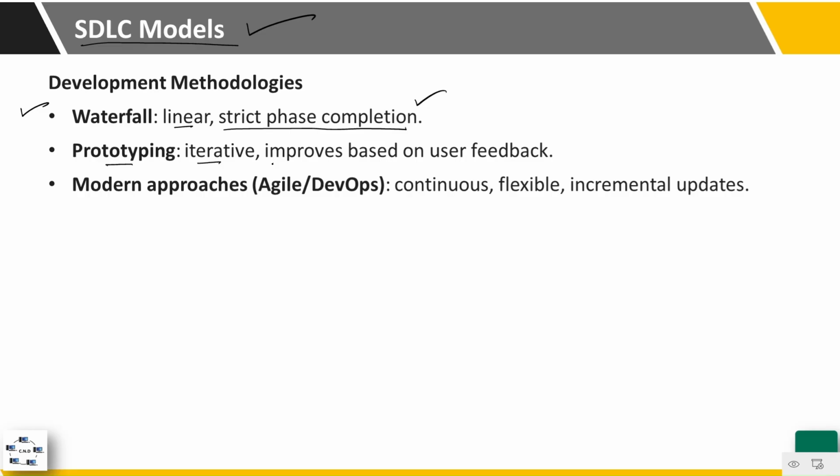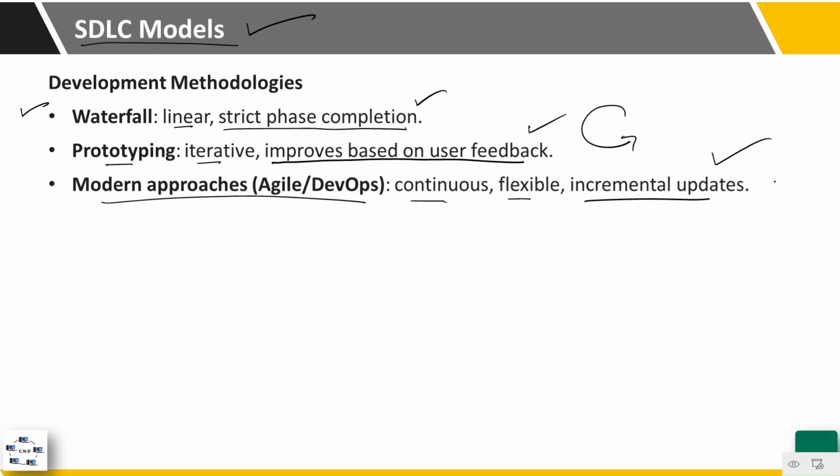It improves the application based on user feedback. So we get feedback from the user, then iterate the process and improve it. Then we have some modern approaches such as Agile and DevOps. These are continuous, flexible, and give incremental updates to the software in short phases or short cycles. We will study these in upcoming slides as well.